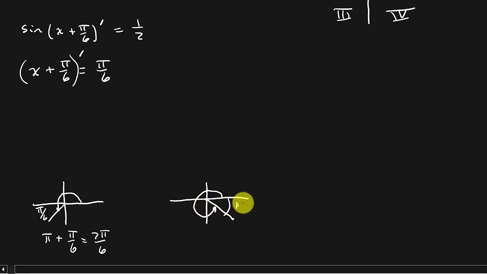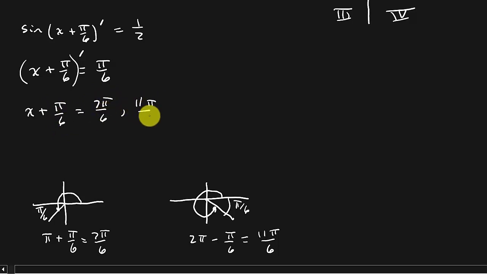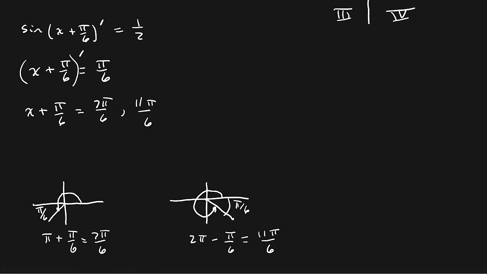There's our angle. There's pi over 6. And so this is going to be 2 pi minus pi over 6, which is 11 pi over 6. All right, so I get x plus pi over 6 is equal to 7 pi over 6 and 11 pi over 6.